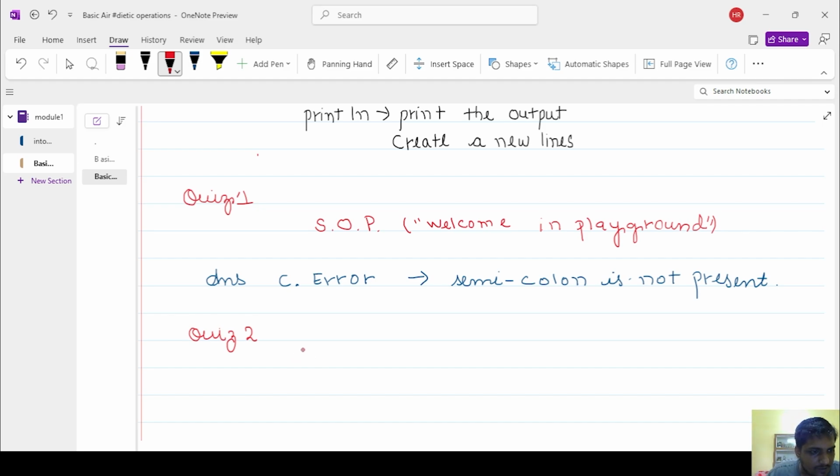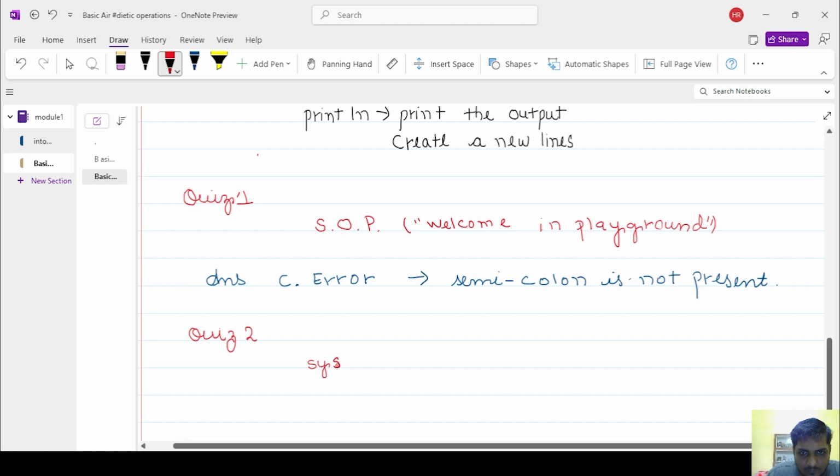Second, here it says small s, System.out.println, not a println, sorry, print "hi everyone" is given.